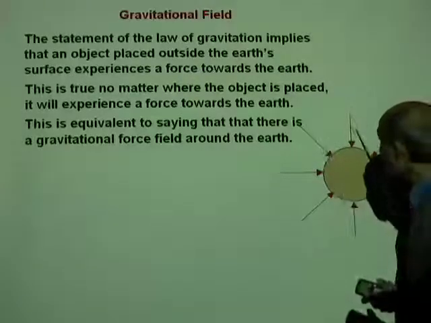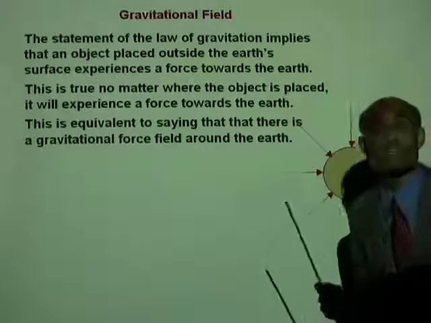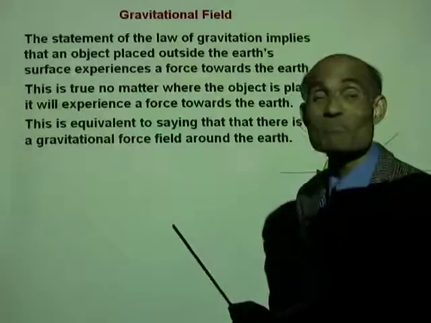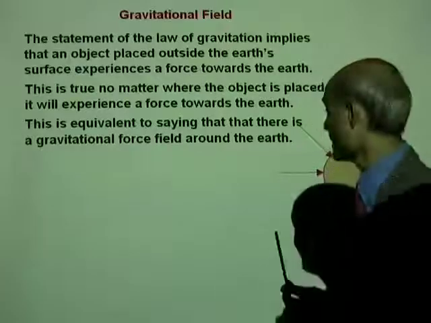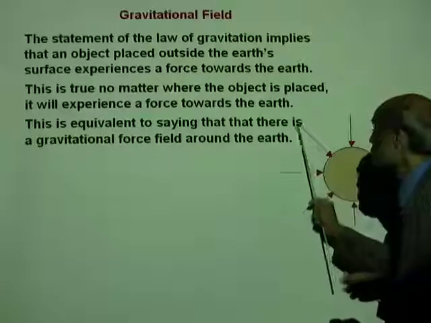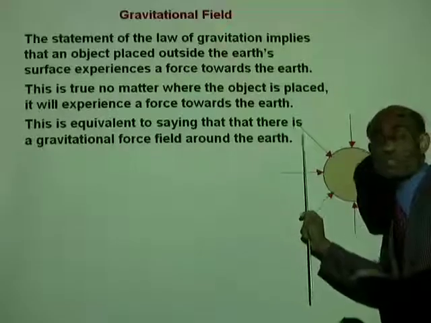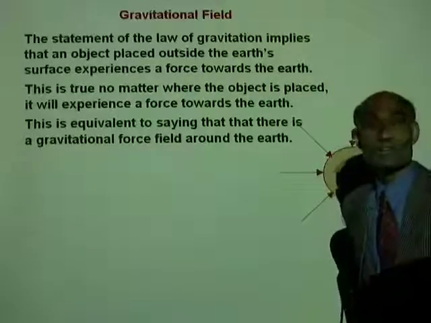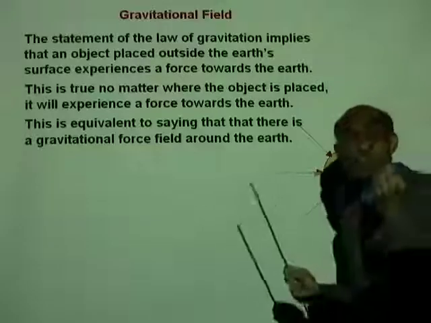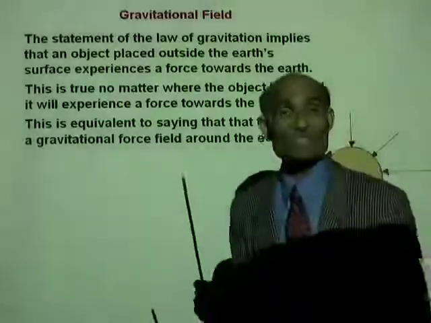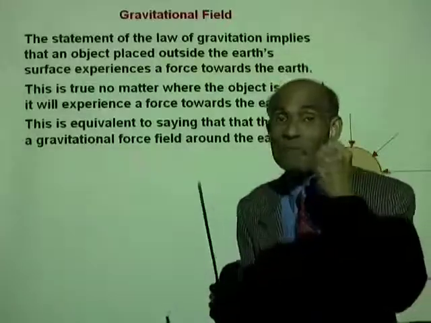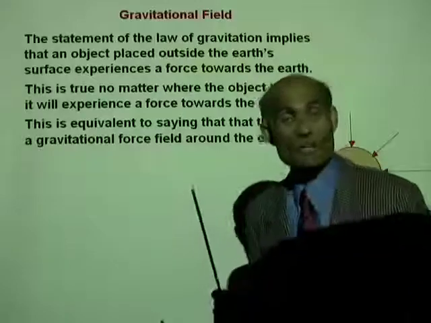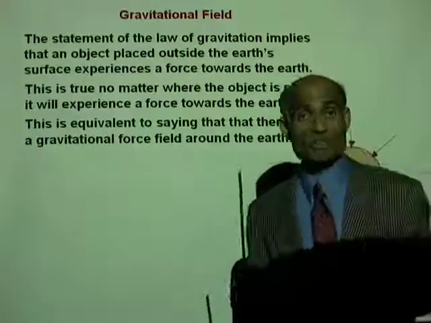Now, why have I used the arrows pointing towards the Earth to represent that field? I have used arrows to show that the direction of that force is directed towards the Earth. That means the field is a vector quantity. The field has a magnitude and a direction. What is the magnitude?